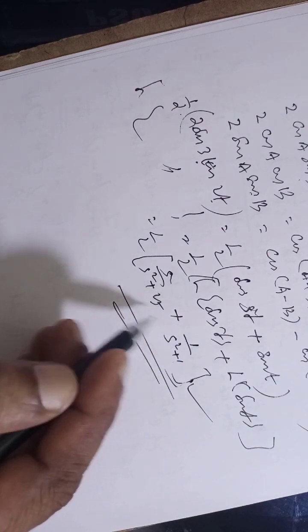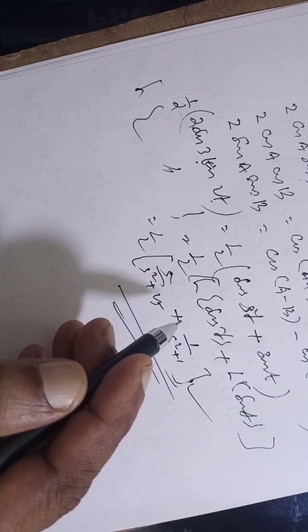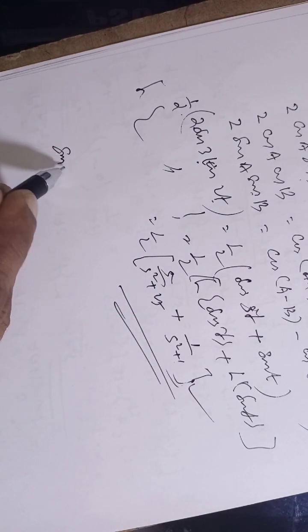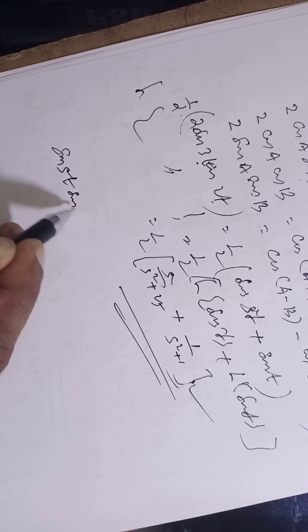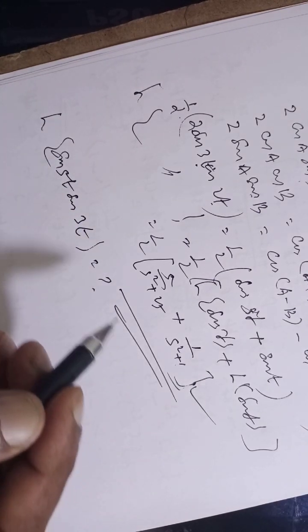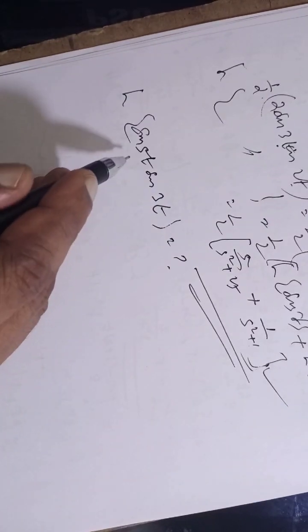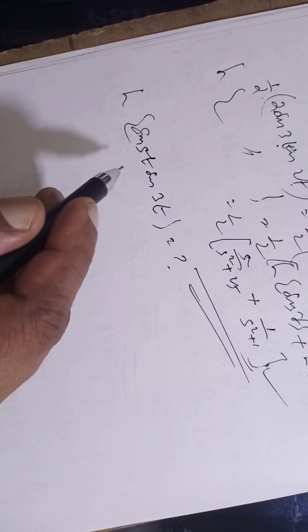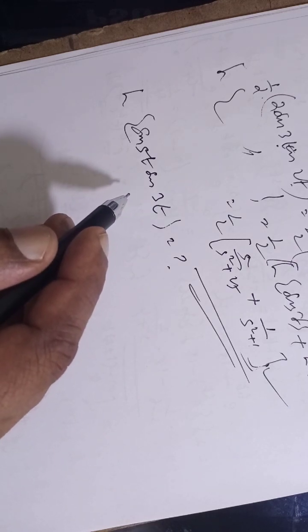Suppose we are given a question: find the Laplace transform of sin 5t into sin 3t. Then you can use the formula 2 sin A sin B is equal to cos(A minus B) minus cos(A plus B).